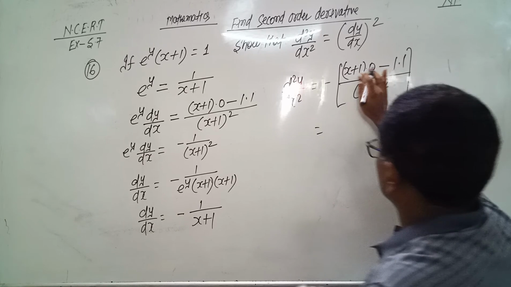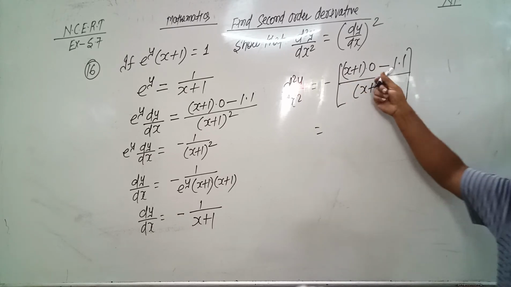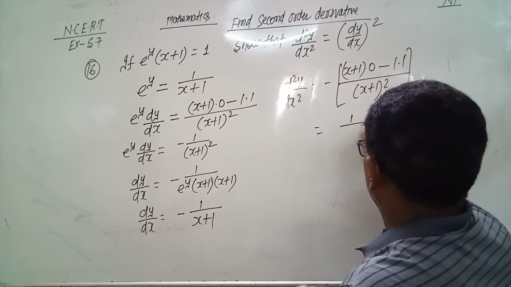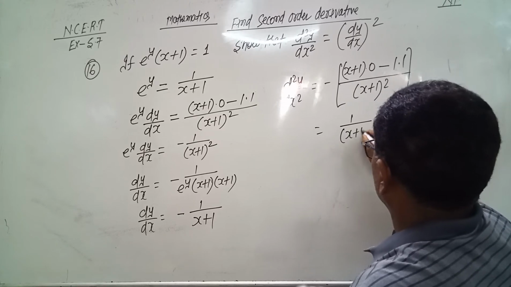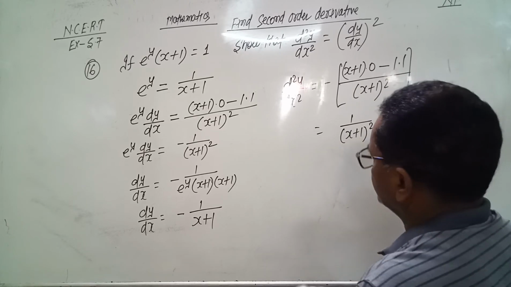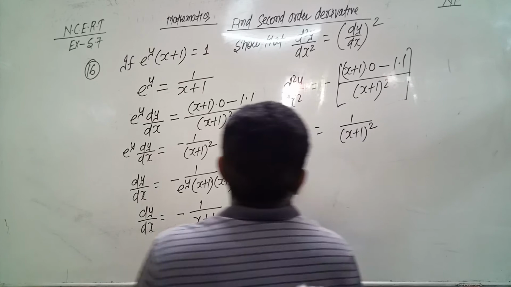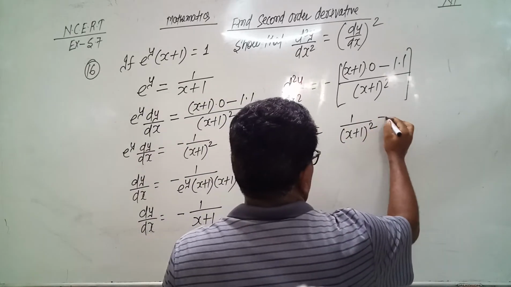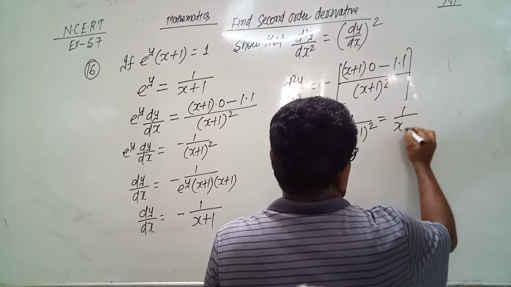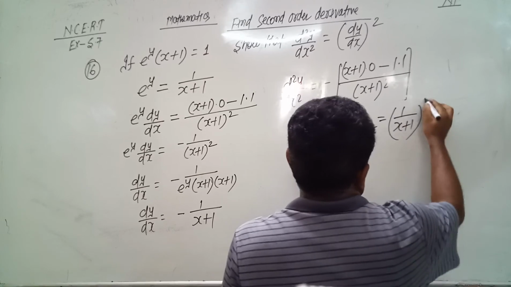And we get minus minus plus 1 by x plus 1 the whole square.